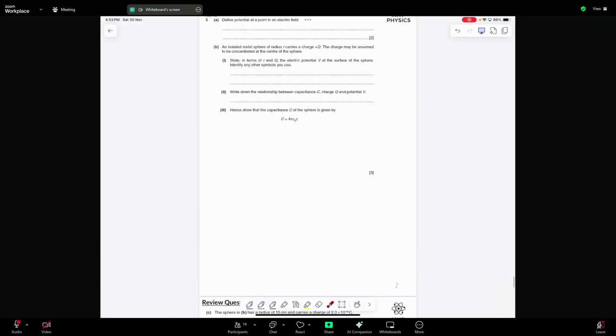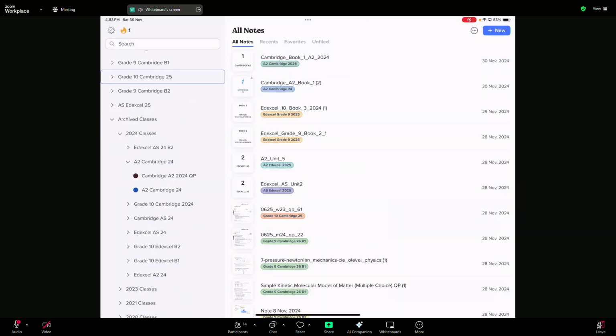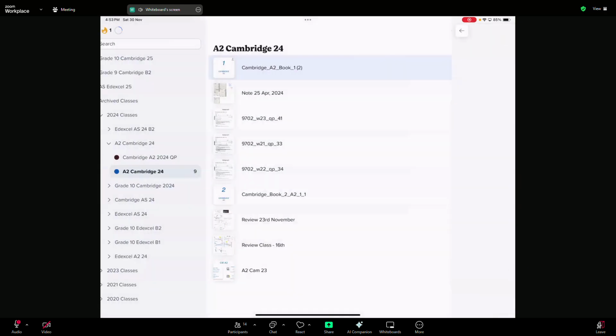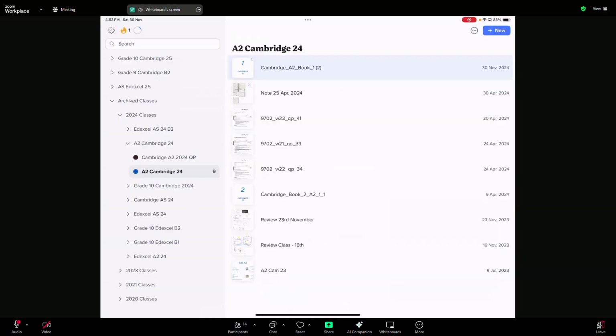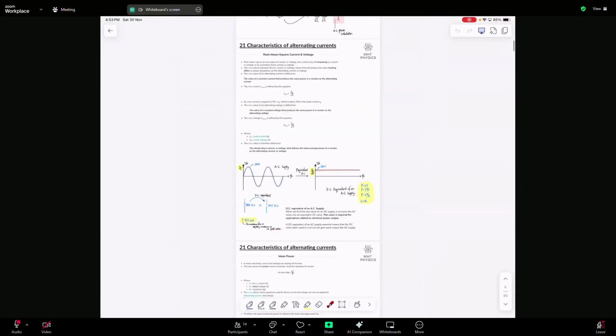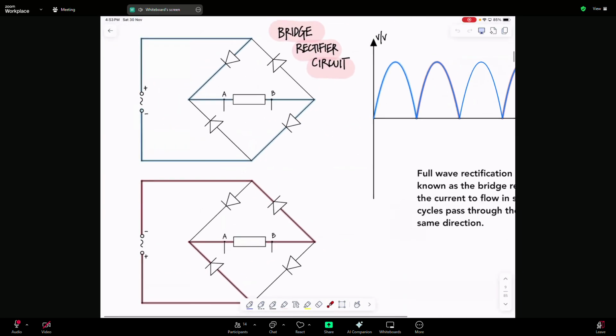Next class I'll be starting AC currents, but I think you should definitely communicate because ওইখানে যেতে আমার time লাগবে, so this is your bridge rectifier. You know what a bridge rectifier is? Bridge rectifier? No. So do you have it in your exams?